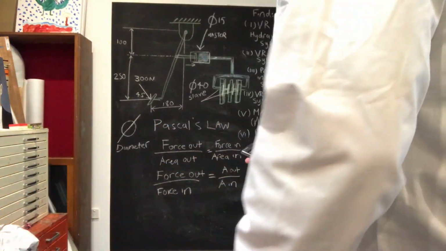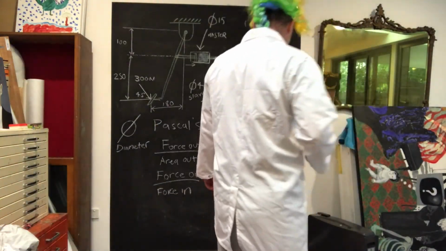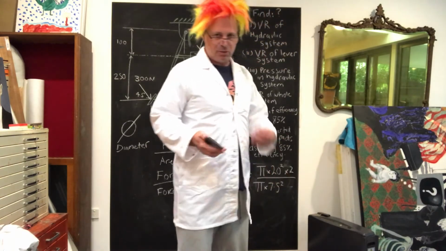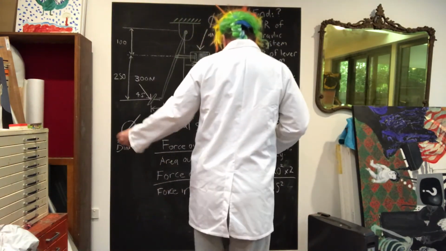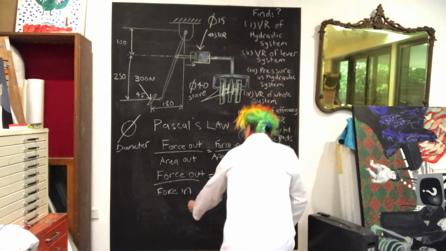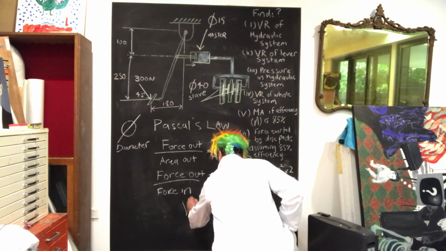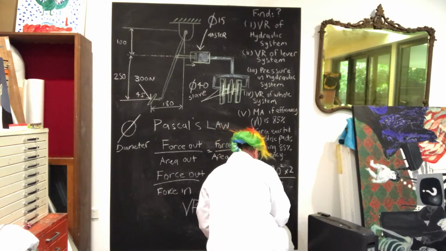So make sure that when you divide, you get your order of operations correct and everything else. But we end up with a velocity ratio of 14.2.